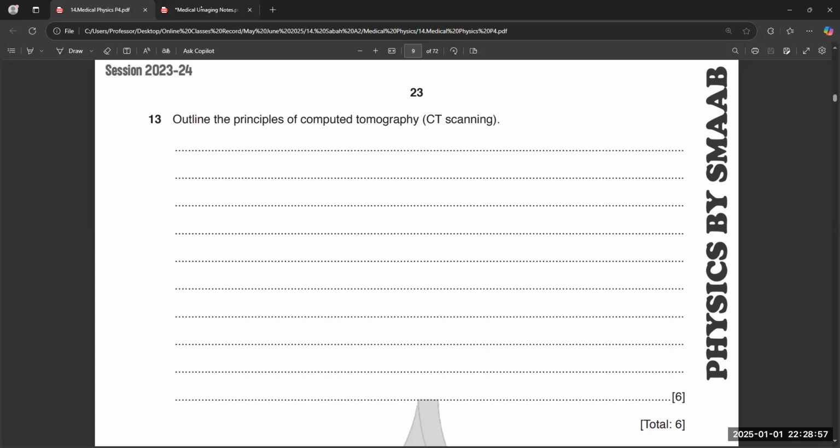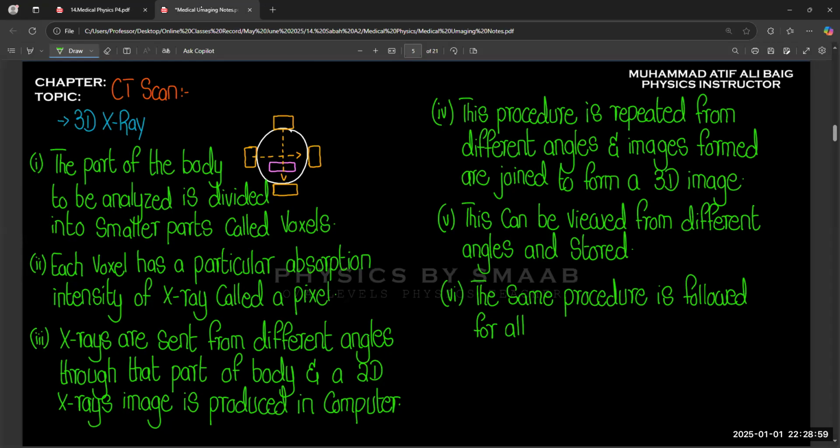So this is simple, right? But let's suppose if you get a maximum of 6 marks, by using this point, you will get complete 6 marks.